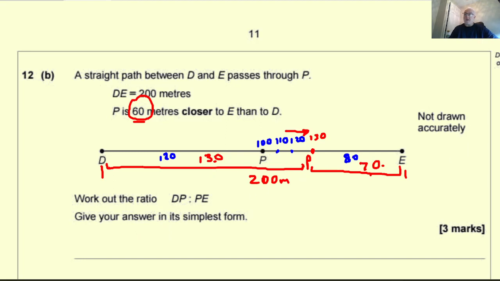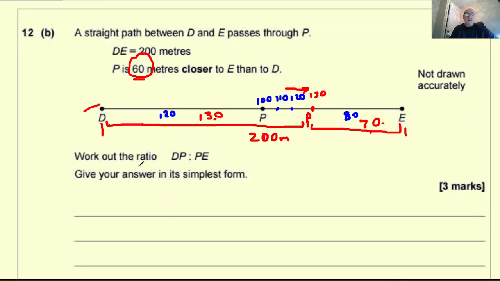Now let's have a look what they want in the question. They want me to work it out in the ratio DP to PE. So D to P, that's my 130 as a ratio to PE, which is 70, and we want it in its simplest form. Well, if I can divide both of these by 10, it would be 13 to 7.